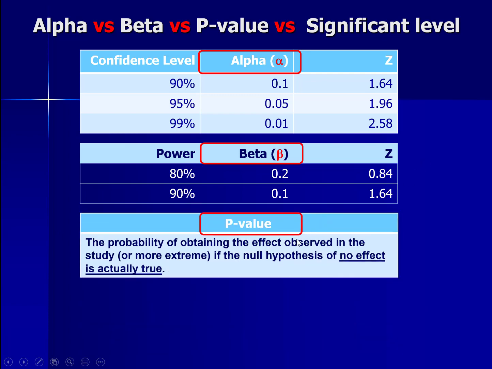Now, introduce another one, the p-value, which is the probability of obtaining the effect observed in the study, or more extreme, if the null hypothesis of no effect is actually true.